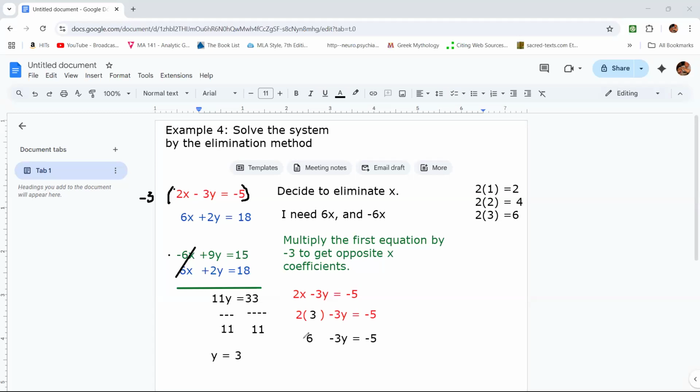So here I have -6, no x, -6, because I'm subtracting the 6 here. If I subtract the 6 here, I have to subtract the 6 here, right?